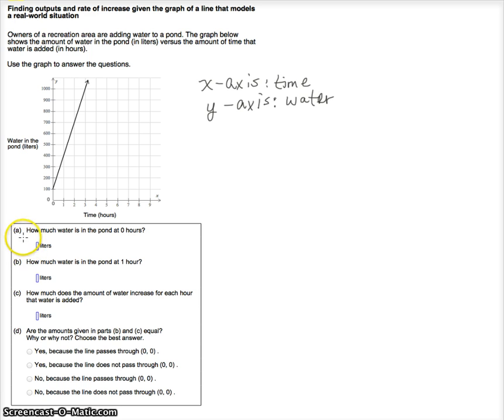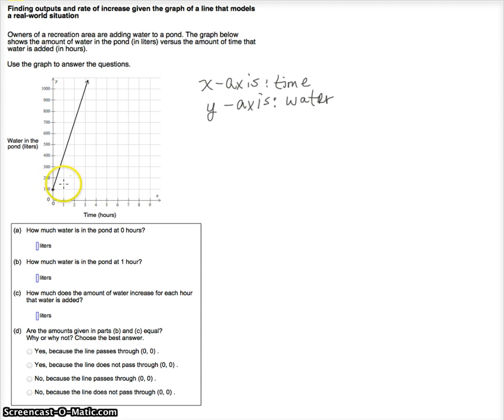It says, first, how much water is in the pond at 0 hours? If we look here, here's 1, 2, 3, 4, all the way to 9, but here's 0 hours. If we go to where 0 hours happens, it starts with 100 liters of water.